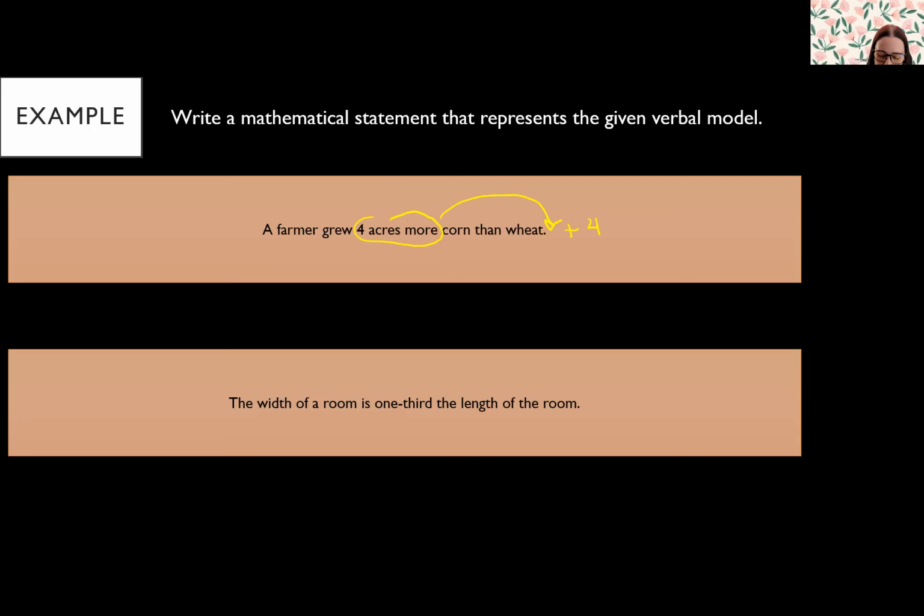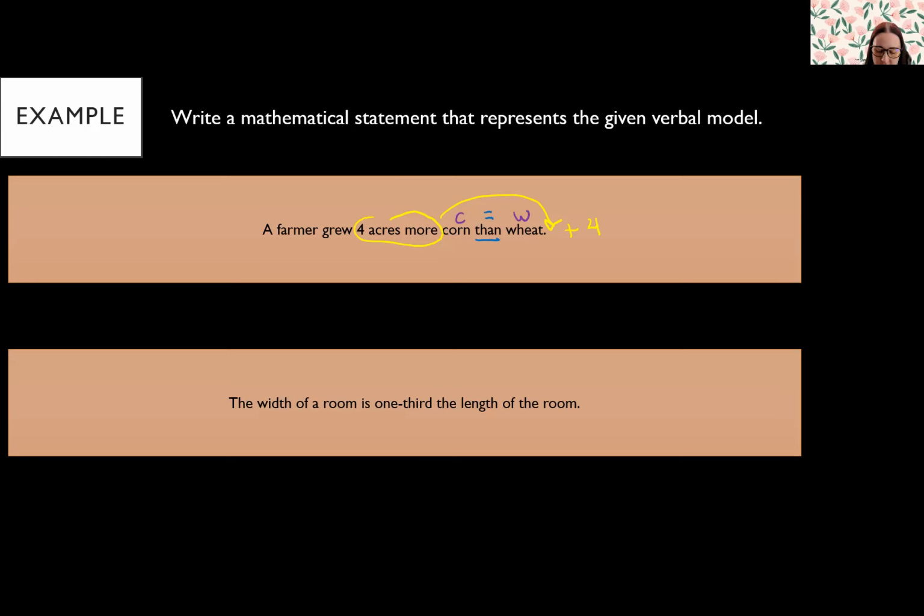Essentially what happens is that our equal sign goes where we have the word than. And then we pick a letter for corn and a letter for wheat, so we might use C for corn and W for wheat.